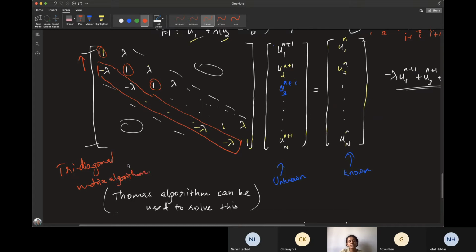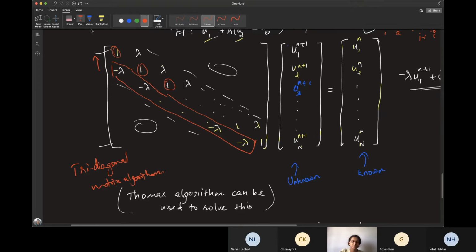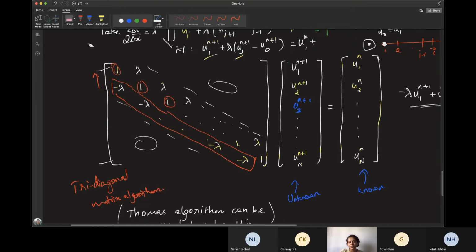Explicit schemes can be solved by a single equation, whereas implicit schemes require you to solve matrix systems. This is just for 1D. In the 1D case, it is a simple tridiagonal matrix, but when you go to 2 dimensions, you will have 5 diagonals, but not all of them will be bunched in the center.